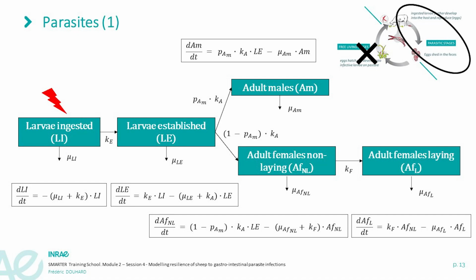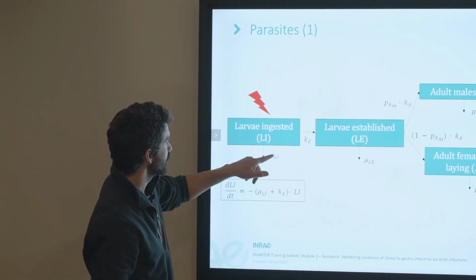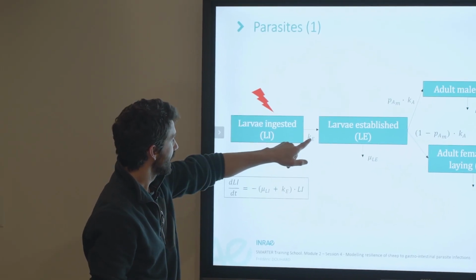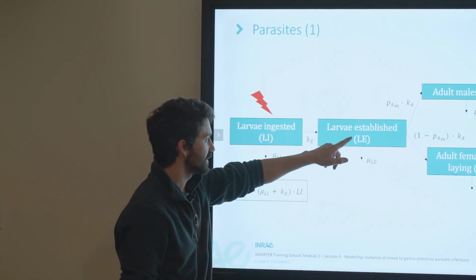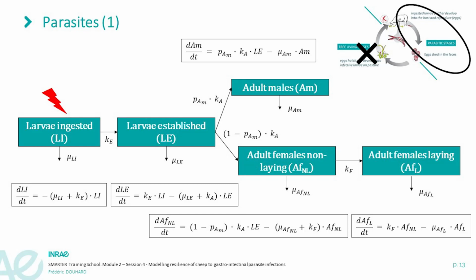So basically, you can forget the equation, but the equation sums up the inputs and the outputs of each box. So here we have an input, the initial number of larvae, and you have two outputs, the mortality and the transition to the other stage. So this is why we have minus mortality plus transition to the other state.